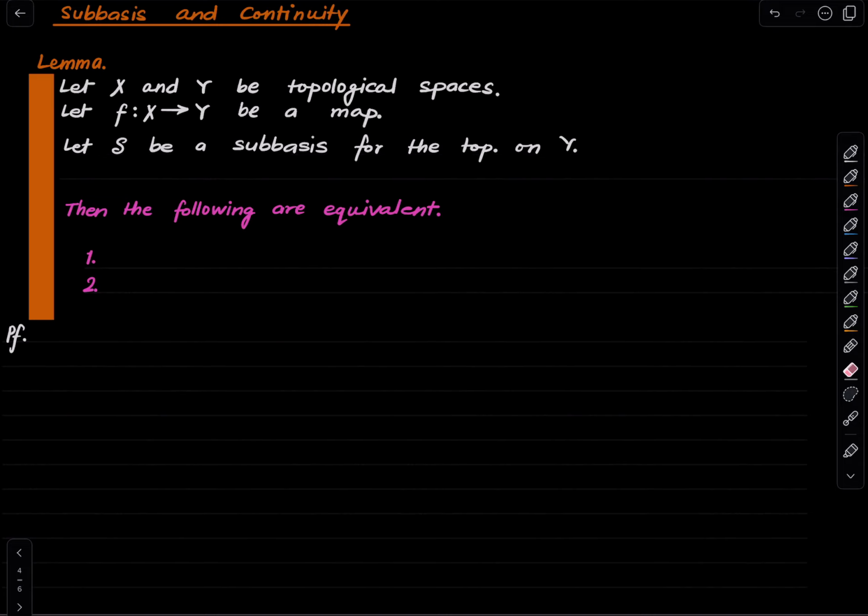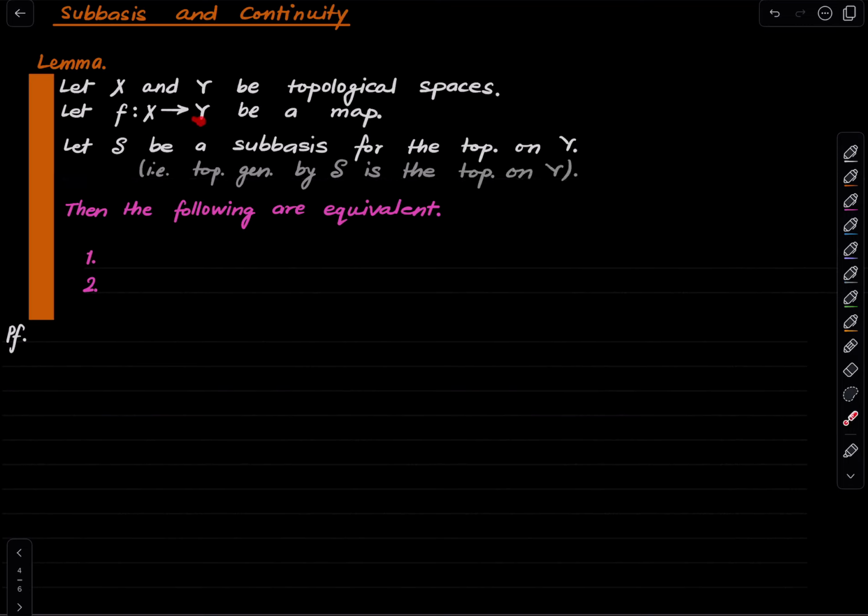It just means that the topology on Y is the topology generated by script S. Well, script S is a subbasis and the topology generated by it is the topology that Y came with.